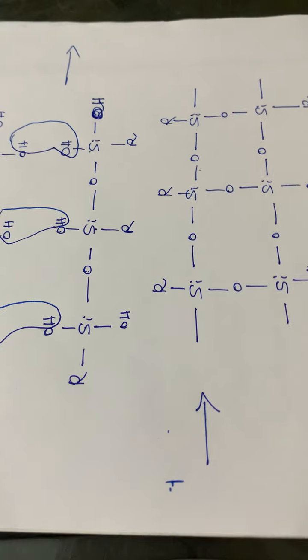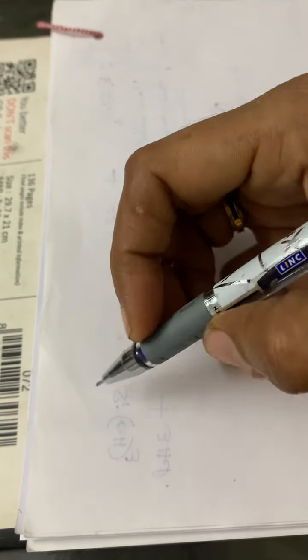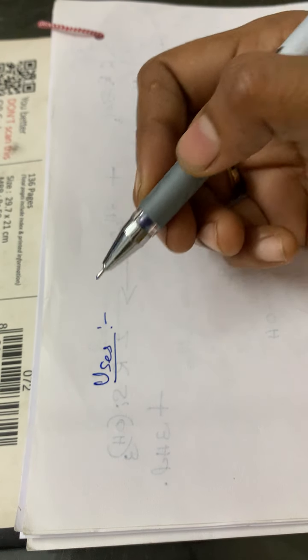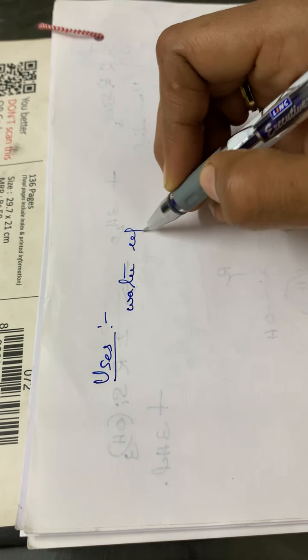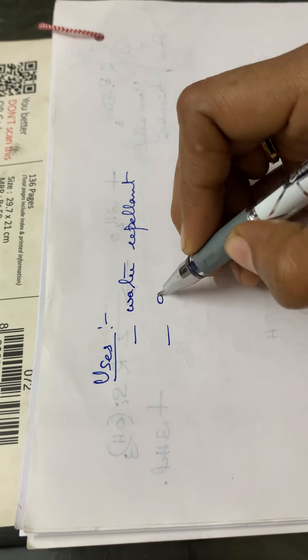Again going to the uses of these silicones. Uses of silicones is also important. See, silicones are normally water repellent, first point. Then they are good insulators.